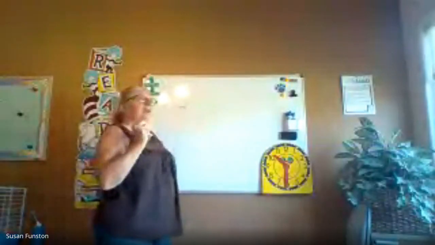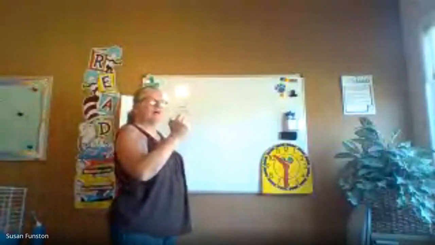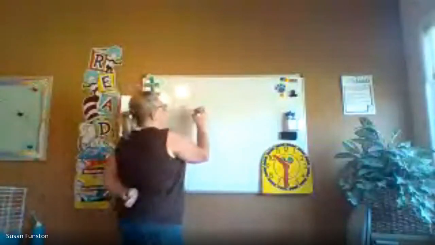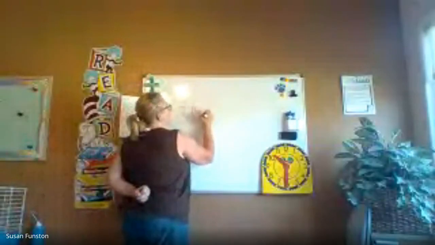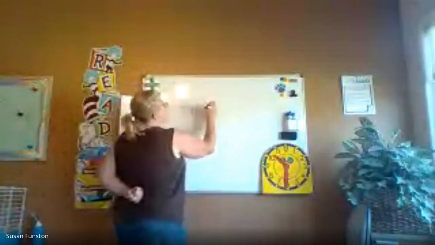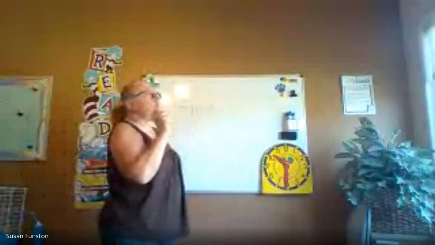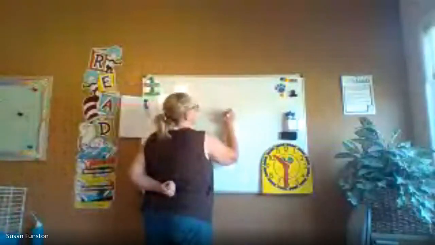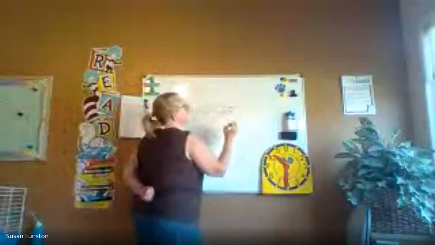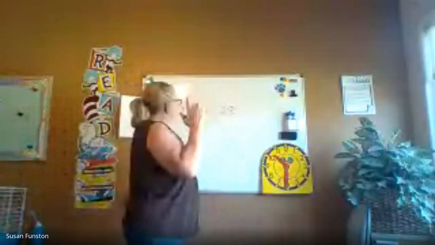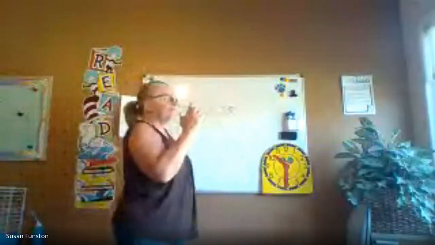And I'm going to go 8, 9, 10, 11, 12, 13, 14 will be my next number. 15, 16, 17, 18, 19, 20, 21, 22, 23, 24, 25, 26, 27, 28, 29, 30, 31, 32, 33, 34, 35.